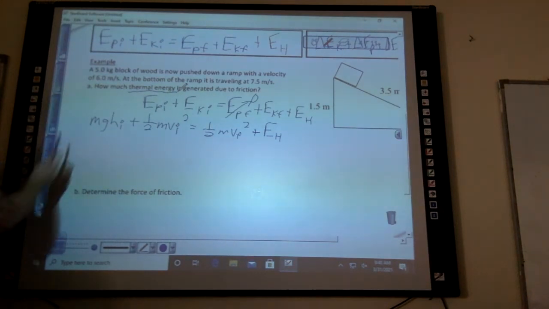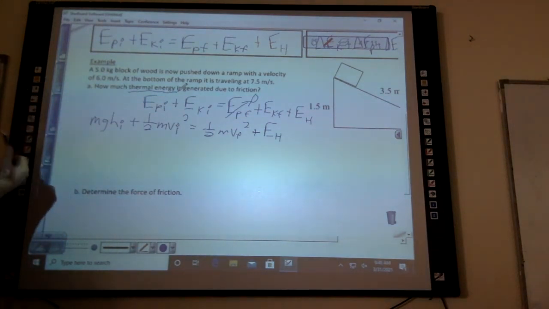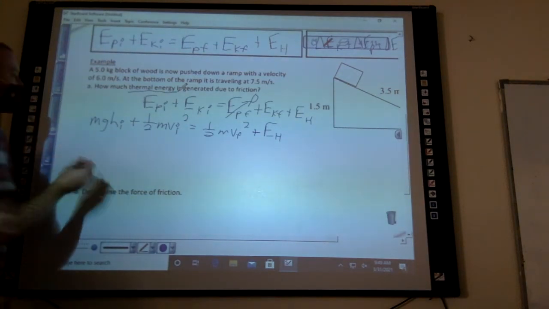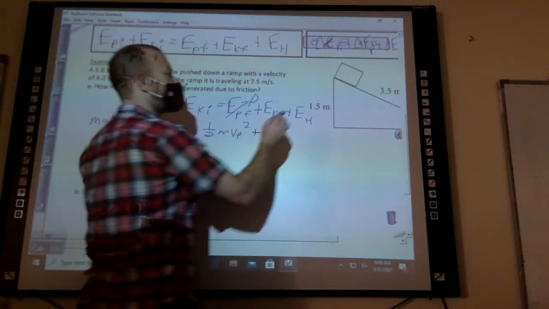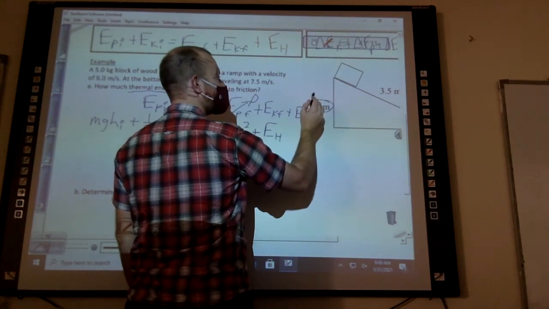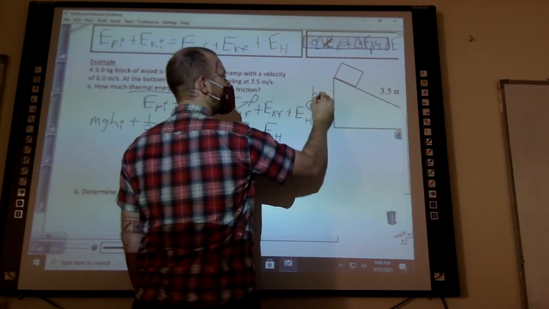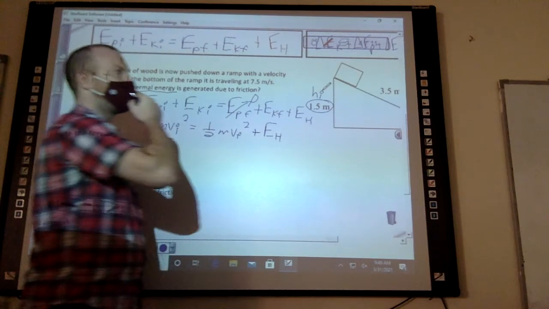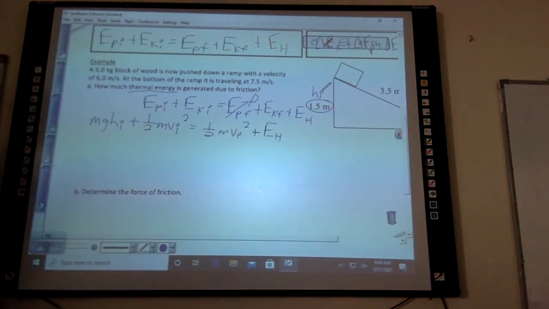So plug in all the numbers. What do we got? We got mass, we got 9.8, initial height. So this is my distance I'm using, not the 3.5. The 3.5 doesn't matter in this. And then solve for E_H.